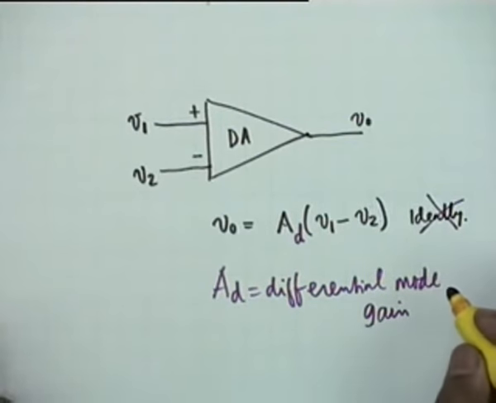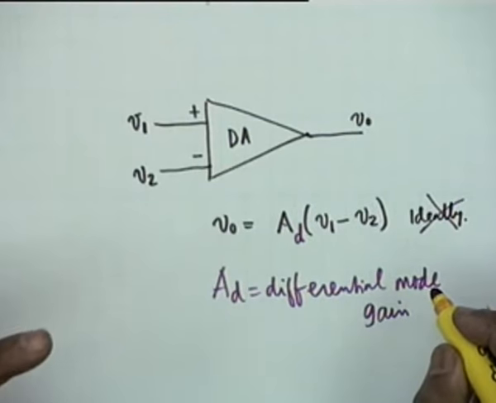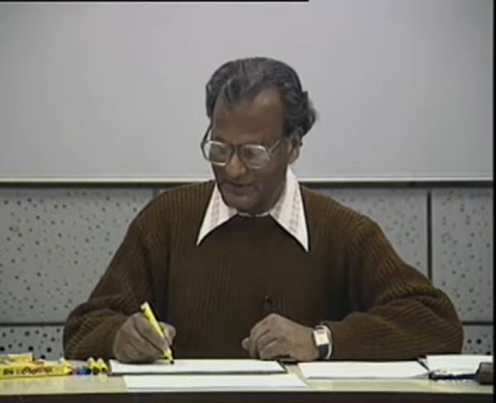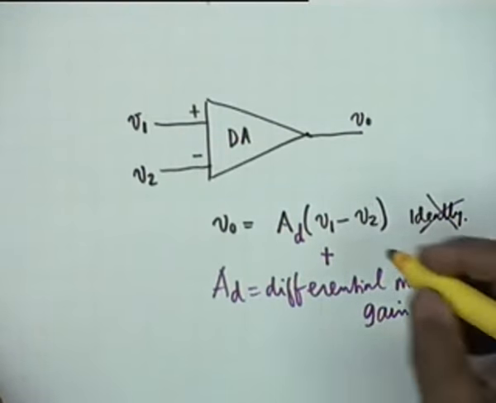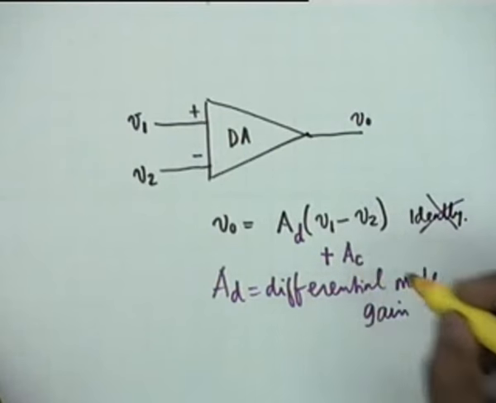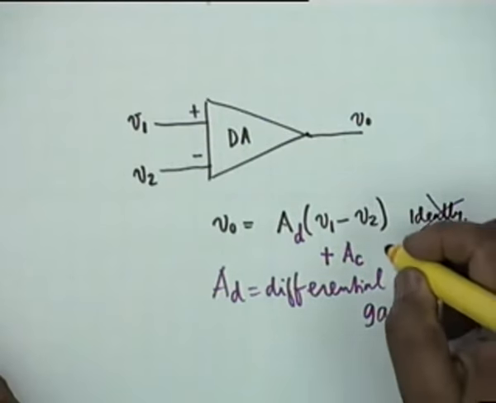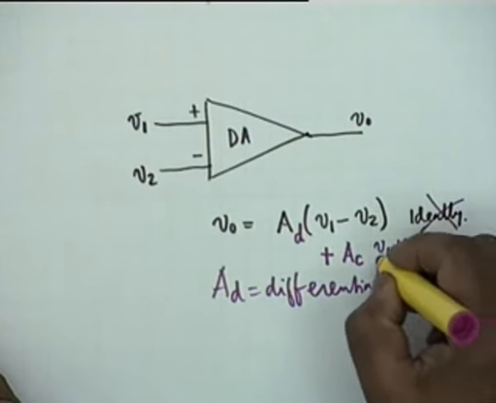It turns out that if V1 and V2 are identical, the output is not 0, and therefore to this we must add another term, which is the common mode gain A sub C, C for common mode, that is when the two voltages are identical, and we put V1 plus V2 divided by 2.